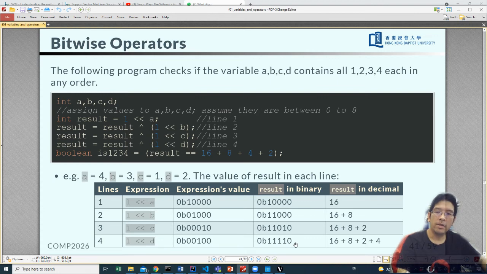Now, if some of the values here are repeated, or some of the values here are outside the range 1 to 4, so let's say D equals 5, then the result here will have the value false. Only if these four values take different distinct values of 1, 2, 3, 4, then the result will equal 16 plus 8 plus 4 plus 2. Otherwise they won't be the same.